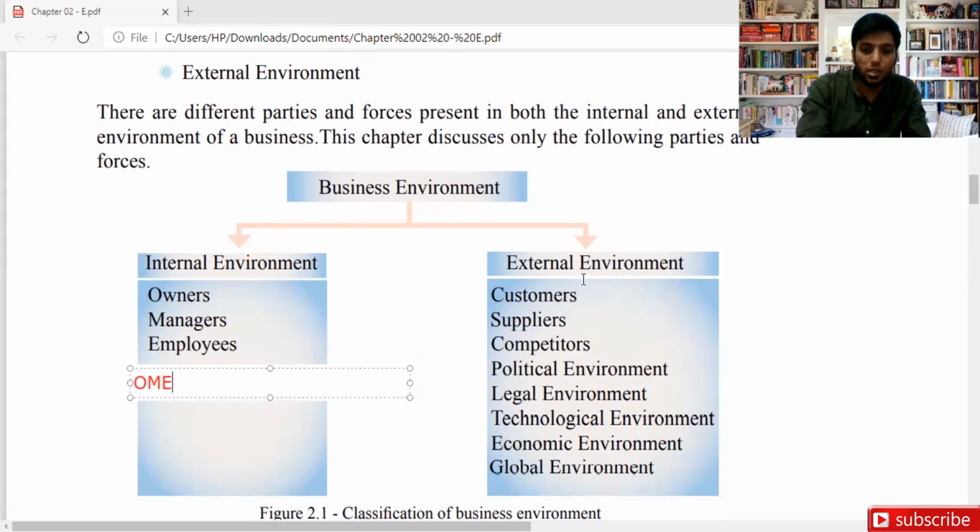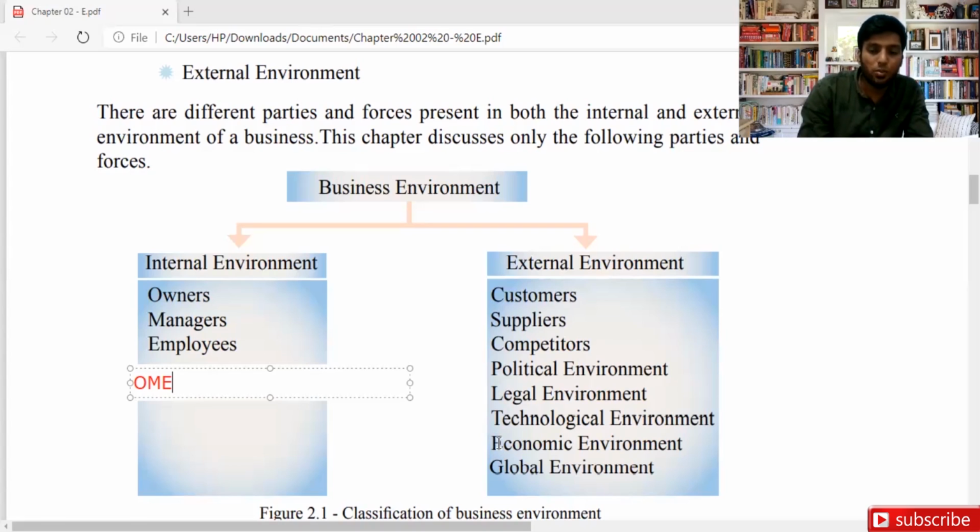Here, if you see C, S, C, P, L, T, E, G, you make your own way of saying this term. So if you remember CSC, then of course it's an external environment. Or if you have EGTL or something like that, you can say PLT, ELEG, plague T, something like that. So you need to remember some mnemonics to learn this.